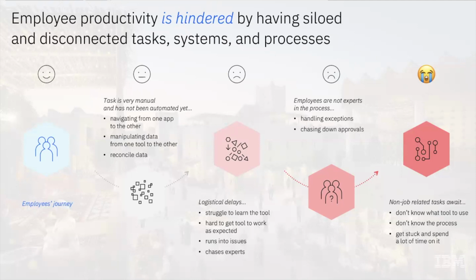From their side, the company brings in an HR system. But as an HR talent recruiter, you have many other tasks that you need to do away from your main HR system, right?